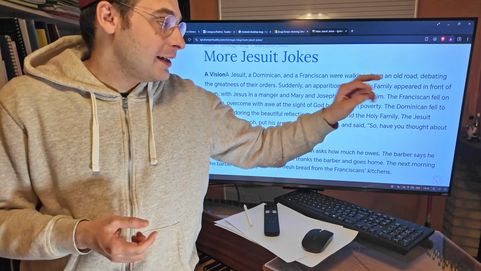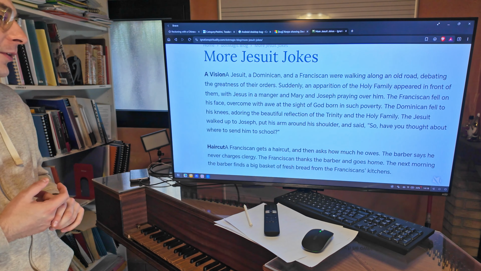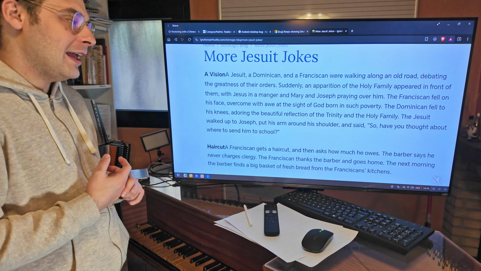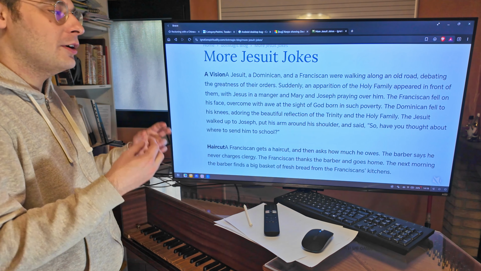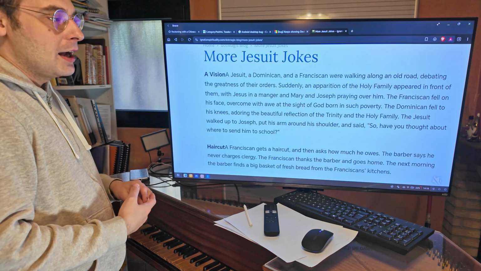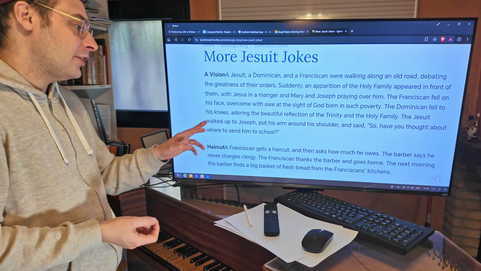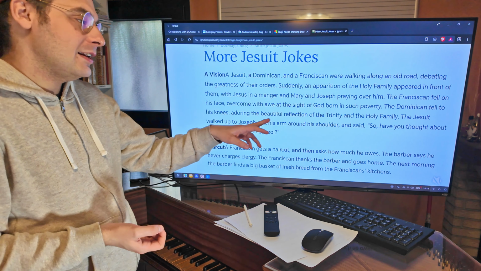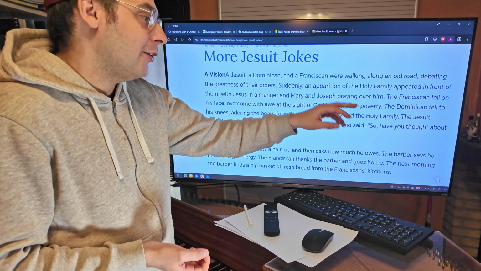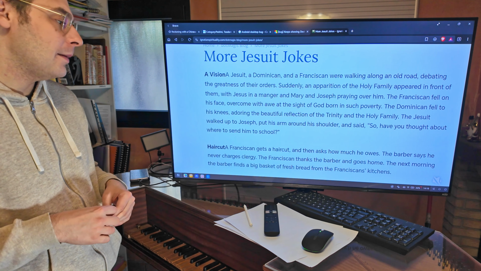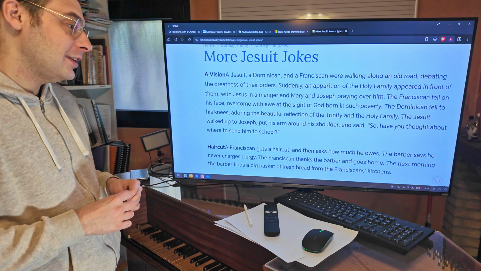The Franciscan fell on his face, overcome with awe at the sight of God born in such poverty. The Dominican fell to his knees, adoring the beautiful reflection of the Trinity and the Holy Family. The Jesuit walked up to Joseph, put his arm around his shoulder, and said, "So, have you thought about where to send him to school?" Okay.